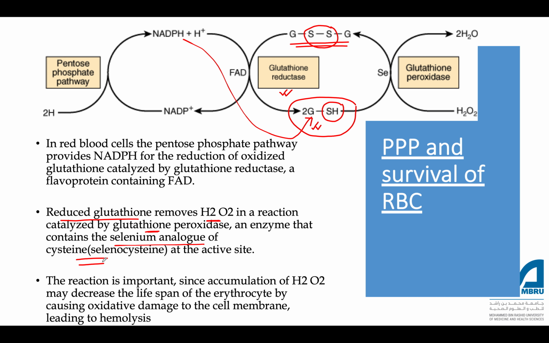For the time being, just look at the reduced glutathione, which reacts with superoxide radicals in the form of hydrogen peroxide in the presence of glutathione peroxidase, as a result of which water is produced and reduced glutathione is oxidized, so the thiol group is oxidized back to form the disulfide linkage.